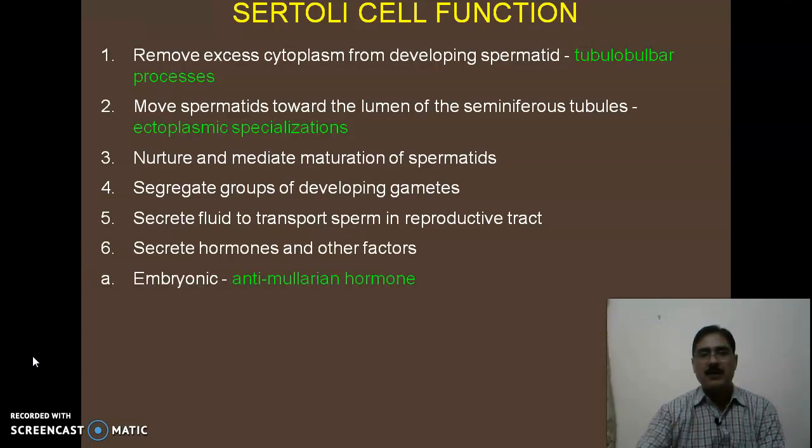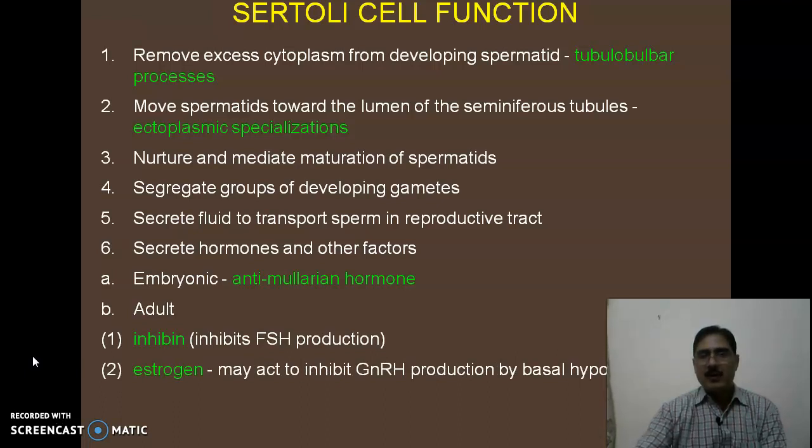They are also responsible for secreting hormones and other factors. For example, in the embryonic stage, they release anti-Mullerian hormone. In the adult, they release inhibin, which inhibits FSH production, that is follicle stimulating hormone.